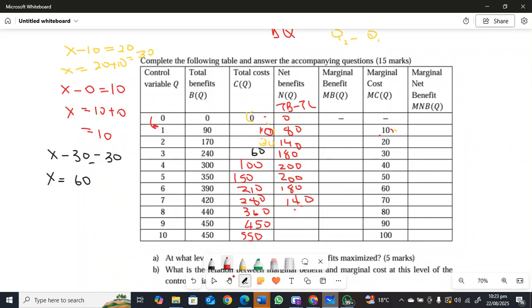Then, okay, 450 minus 450, 0. 450 minus 550, that should be negative 100.